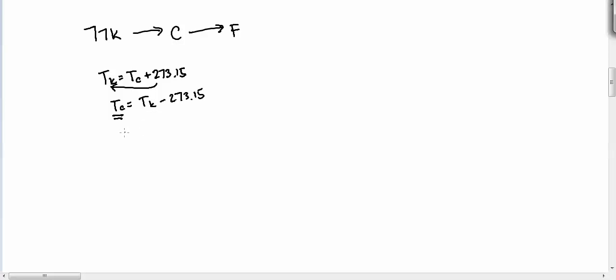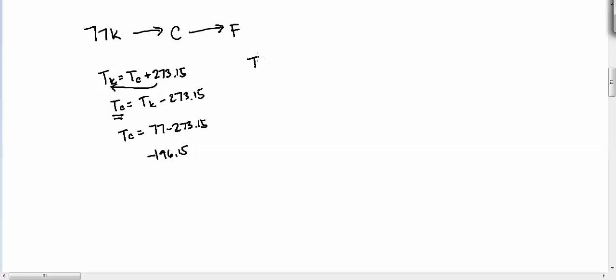All right, so the temperature in Celsius is equal to 77 minus 273.15. Using the calculator gives me negative 196.15.